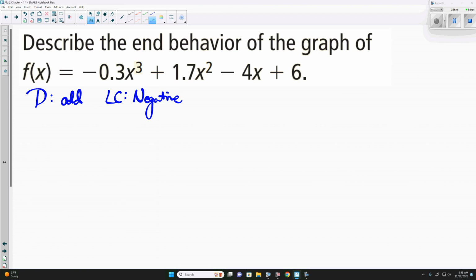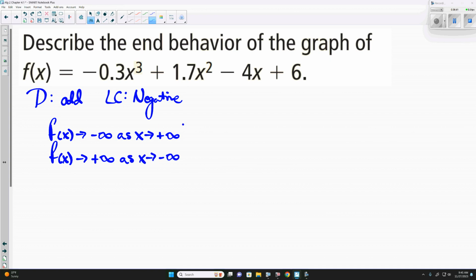I'm going to go back to my chart. Degree is odd. Leading coefficient is negative. So it tells me f of x approaches negative infinity as x approaches positive infinity. And f of x approaches positive infinity as x approaches negative infinity.